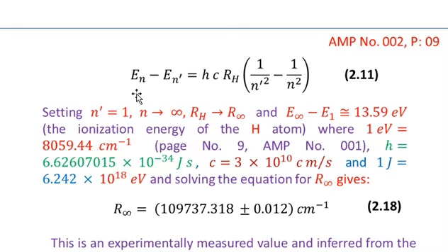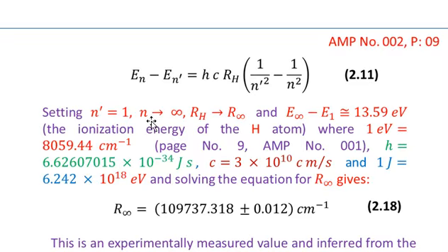Now we try to manipulate this equation in order to find some useful information. So setting n prime equal to 1, that is the hydrogen atom is in the ground state, and setting n goes to infinity, that is we want the electron to leave the atom, so the atom becomes ionized.